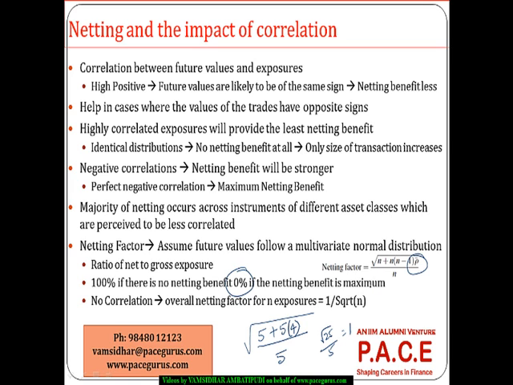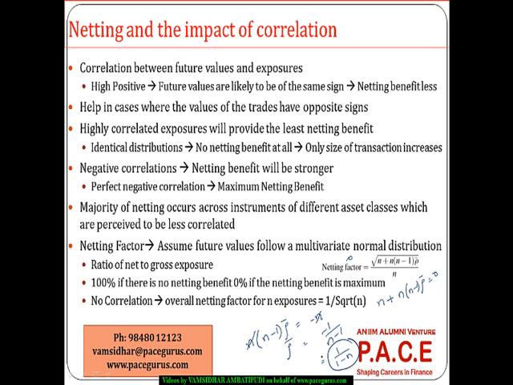But if I want the netting factor to be much lesser, if I want to make the netting factor 0, what should be the case? In the same formula, if this has to be 0, I should get n plus n into n minus 1 rho bar, the average rho, should be equal to 0. So n into n minus 1 rho bar should be equal to minus n. So it comes out that rho bar should be equal to minus 1 by n minus 1, or probably 1 by 1 minus n.